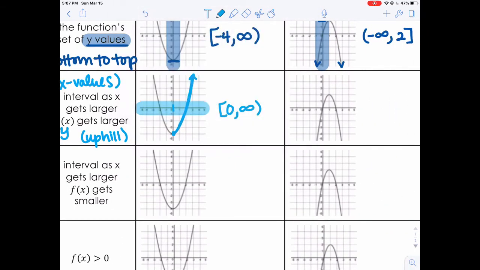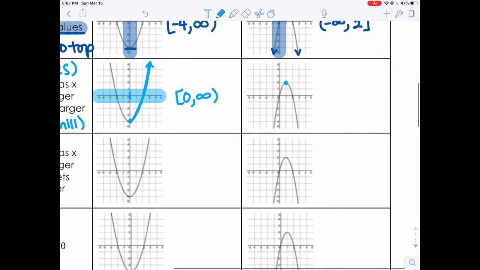Okay, looking at our second example. We're looking for which portions are climbing uphill. So from all the way back here at negative infinity, let's take a look at the x-axis. I would climb this graph from negative infinity all the way up to the vertex. And let me actually correct myself on the previous one. We consider the vertex kind of neutral as far as increasing and decreasing.